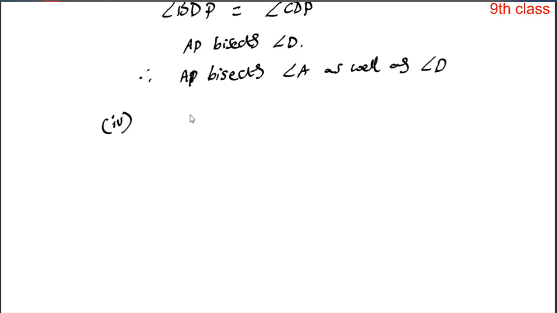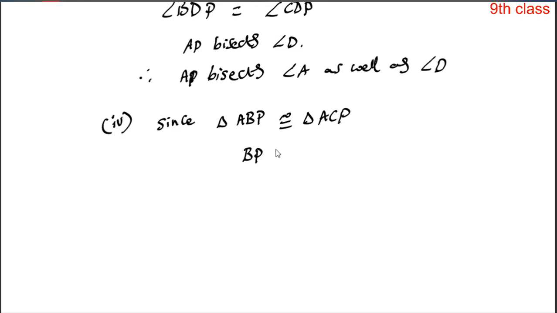Since, by using the second condition, triangle ABP is congruent to triangle ACP. These two triangles are congruent. Already we proved the second condition.